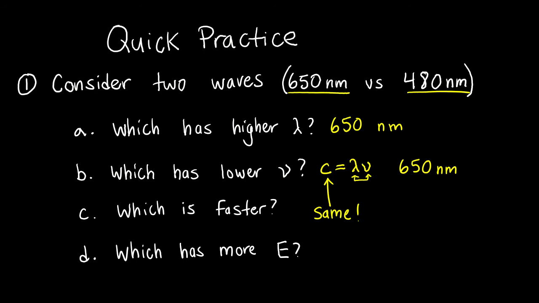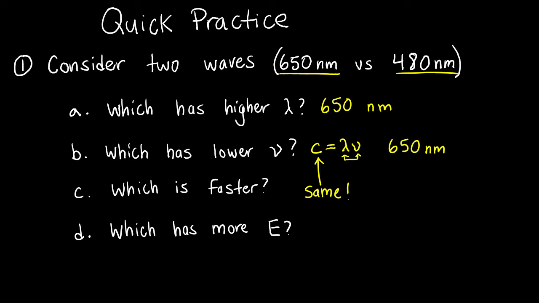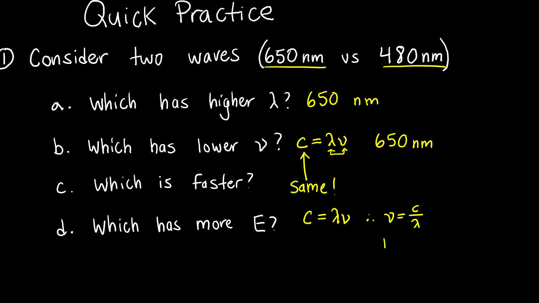Which has more energy? Now you have to think about the substituted equation. We know that c equals lambda nu, therefore nu equals c over lambda. Plugging c over lambda into the energy equation, which we know is E equals h nu, gives us the derived equation E equals h times c over lambda.